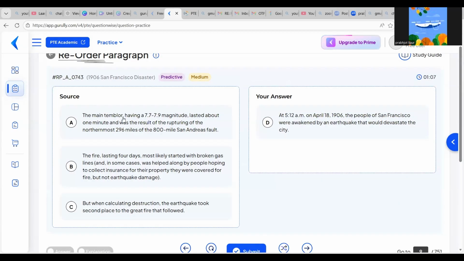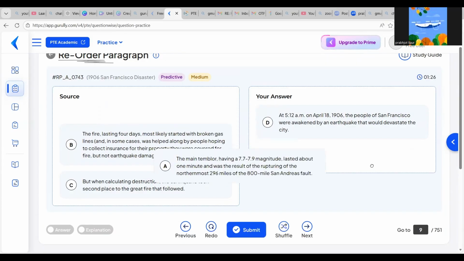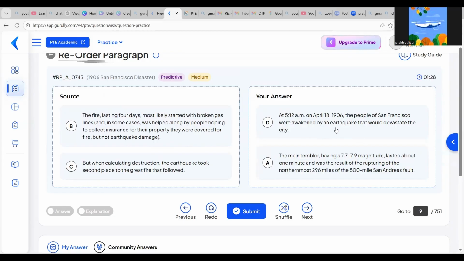The main tremor, having a 7.7 to 7.9 magnitude, lasted about 1 minute and was the result of the tearing of the northernmost 296 miles of the fault.